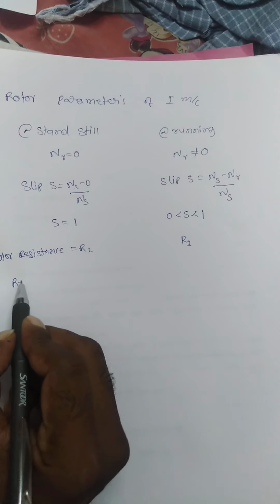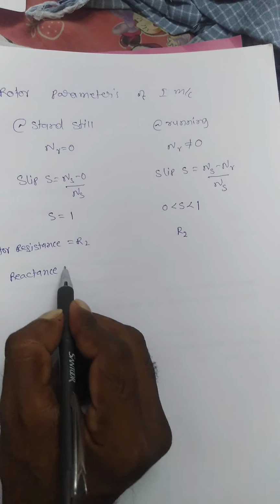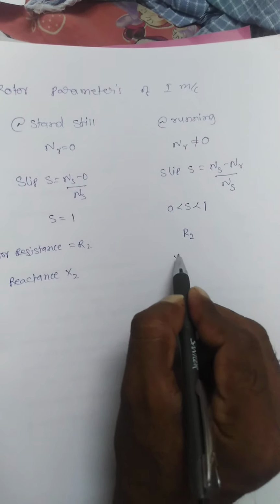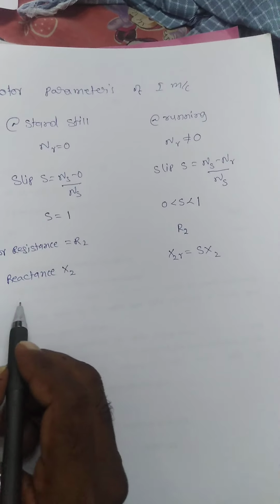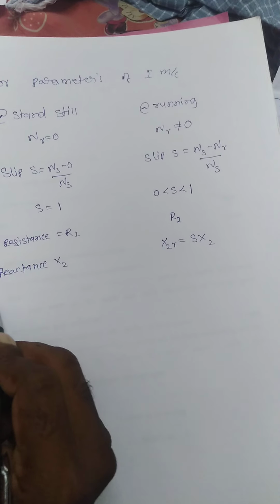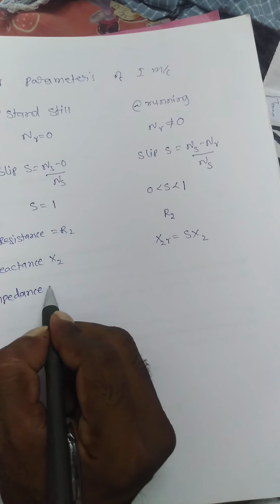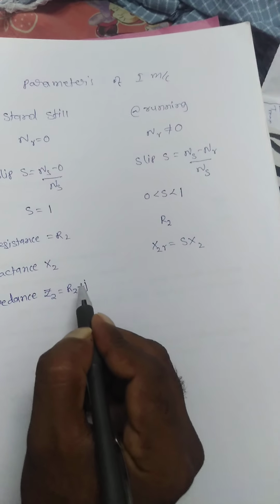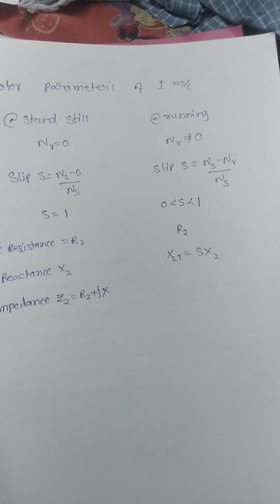In the reactance, at standstill condition it is x2, and at running condition x2r equal to s x2. Then the impedances: at standstill, z2 equal to r2 plus j x2.